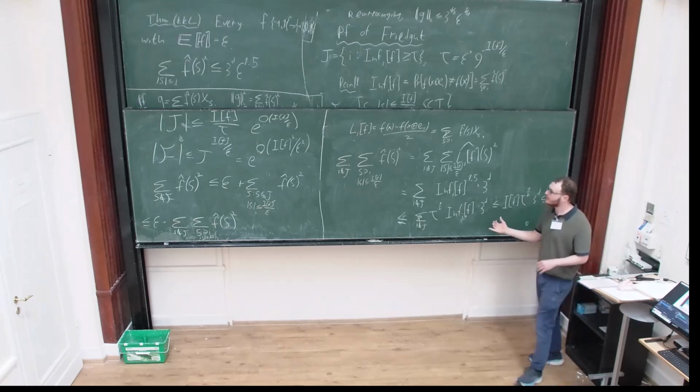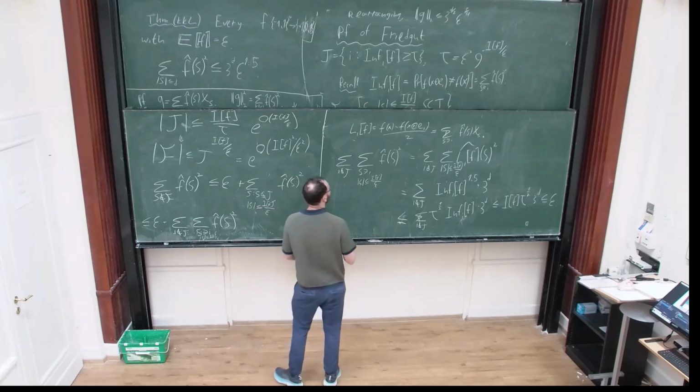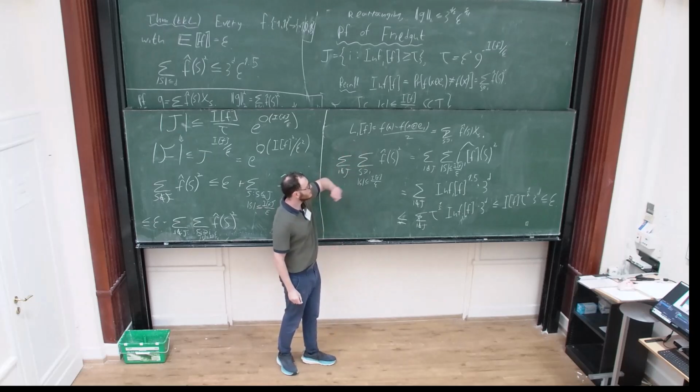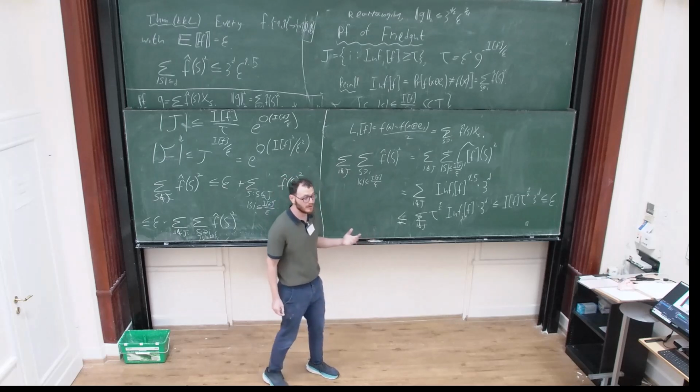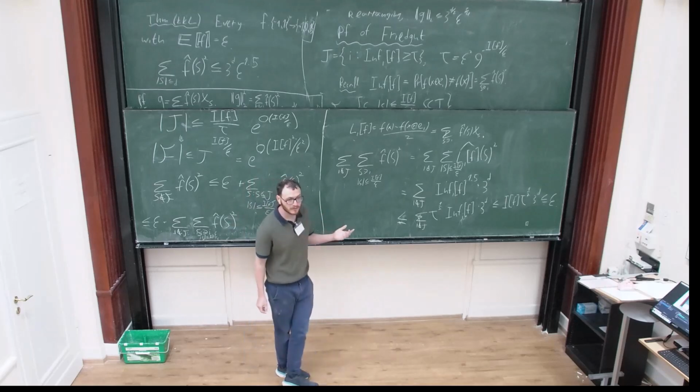But the idea was basically that you have those L_i, those Laplacians, and these correspond to sparse functions. They take non-zero values on a very small set.